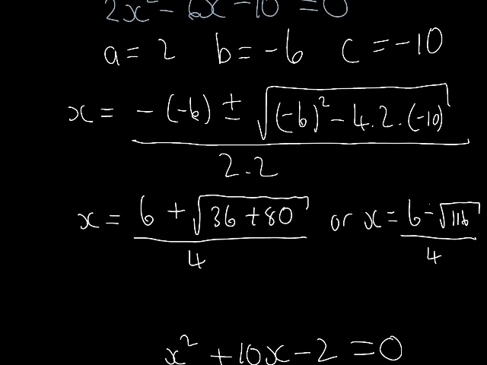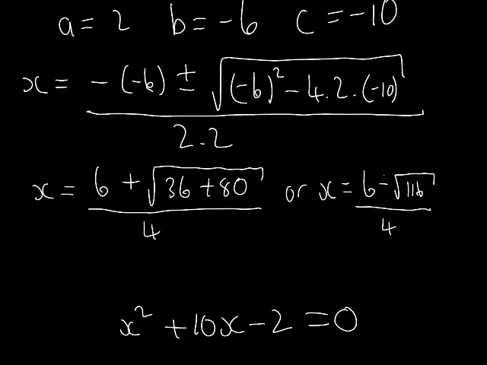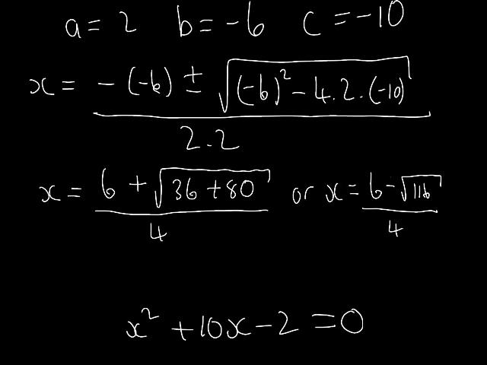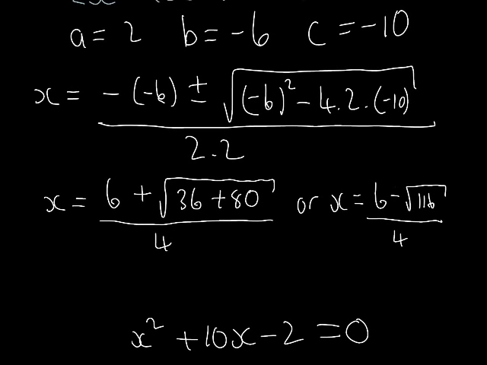And so now, our final answer, if we look at what we have here, so let's have a look. We're going to get x is equal to, so now what we could also do is bring that forward.